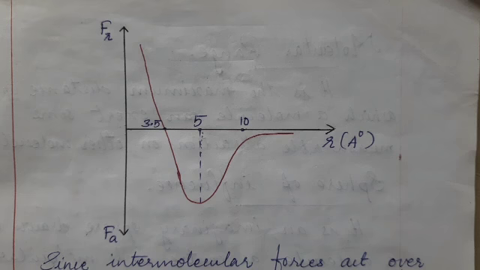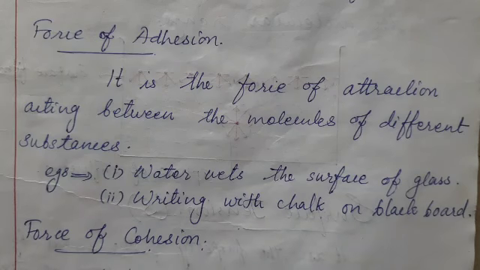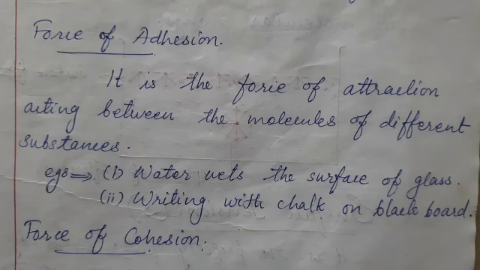There are two types of intermolecular forces. One is called adhesion, the other is called cohesion. Consider the molecules present in a substance, for example water. There are intermolecular forces between the same type of molecules, for example water molecule and water molecule.